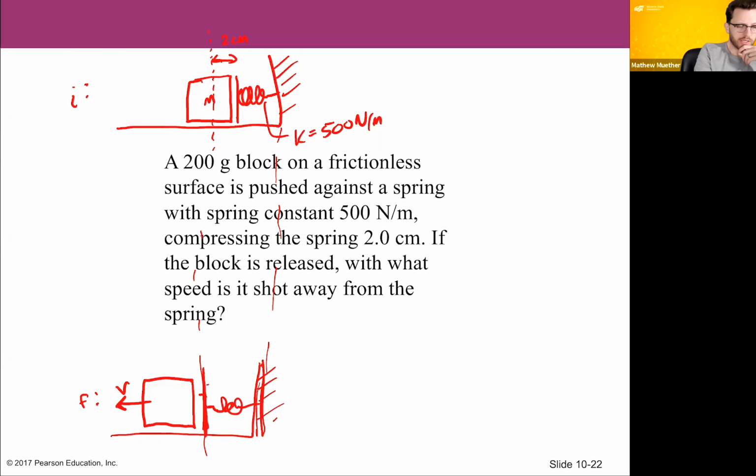So let's do an energy conservation relationship here. The initial system energy is going to be the initial kinetic energy of that block plus the initial potential energy stored in the spring.